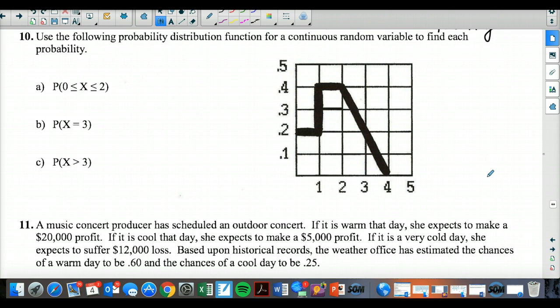Instead of having the value on a line, the value is a block. So you need to think about this as this being 1, this is 2, this is 3, this is 4, and this is 5. If you think about that.